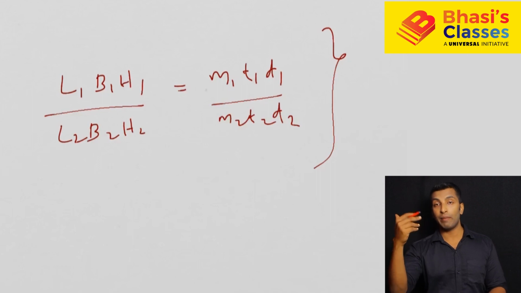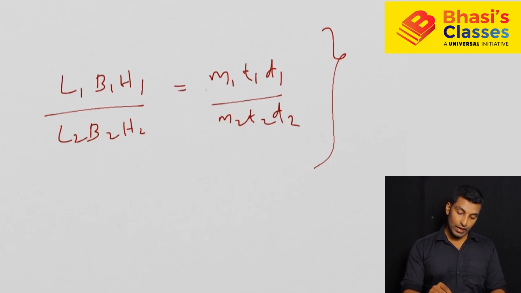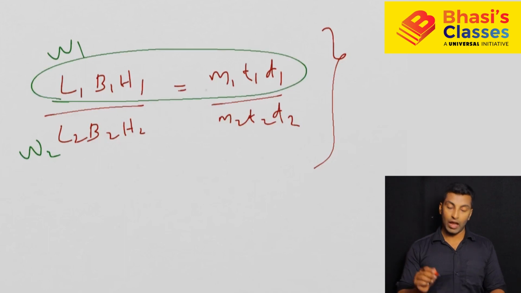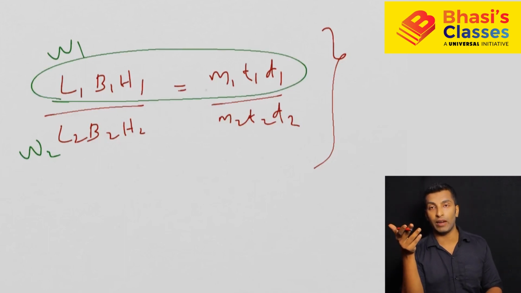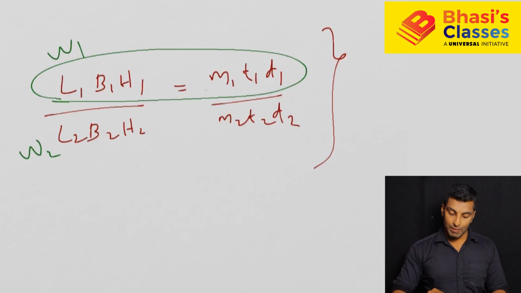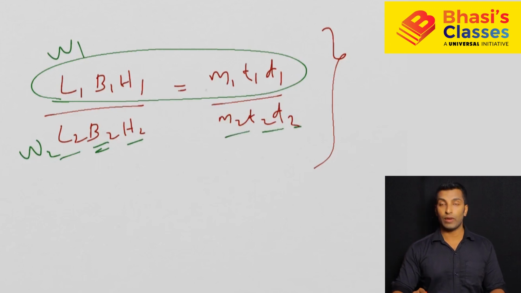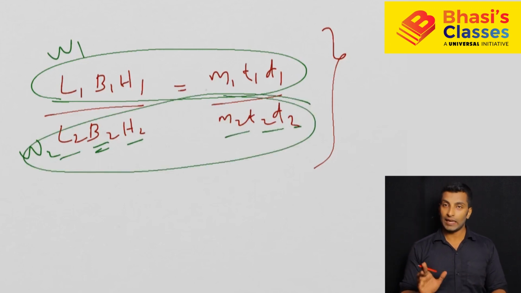Number of men, the time in which each person is working per day will be given. Number of days it will take to complete the work will be given. So this is work 1, this is work 2. About work 1 all the information will be given. One information about work 2 may be missing. It can be any of the 6, you can find just by cross multiplying. I hope that is clear.